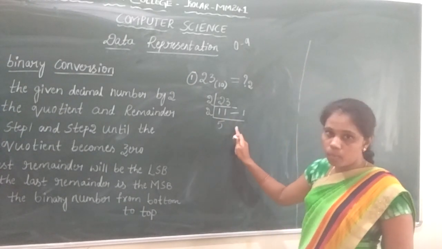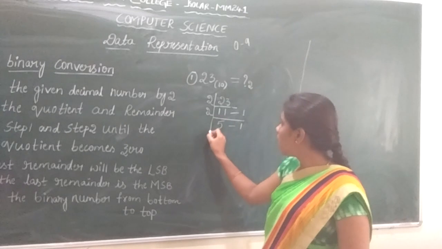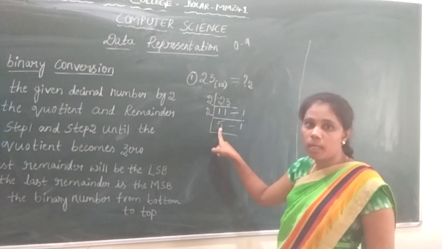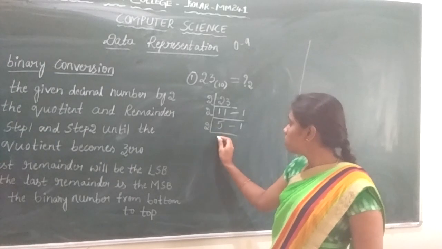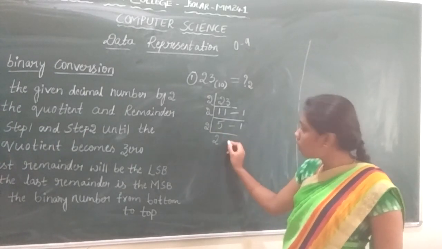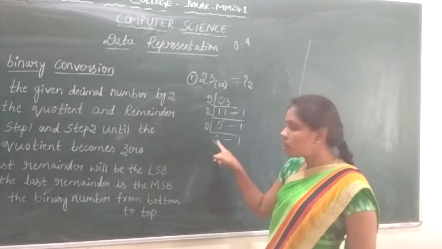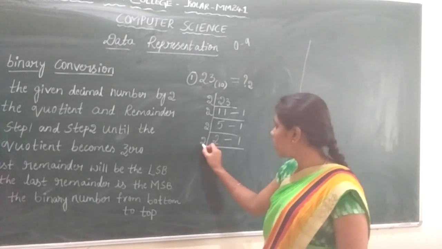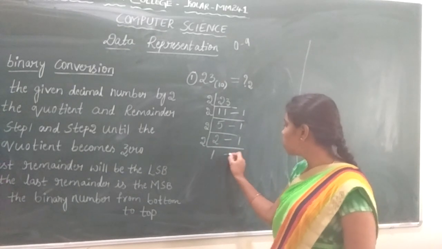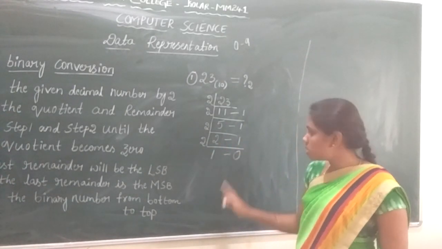What is left out is 1. Next, 5 can be divided by 2, hence 2 2s are 4, and the left out value is 1. Again 2 can also be divided by 2, so divide again, 2 ones are 2. Nothing is left out, so the remainder is 0.